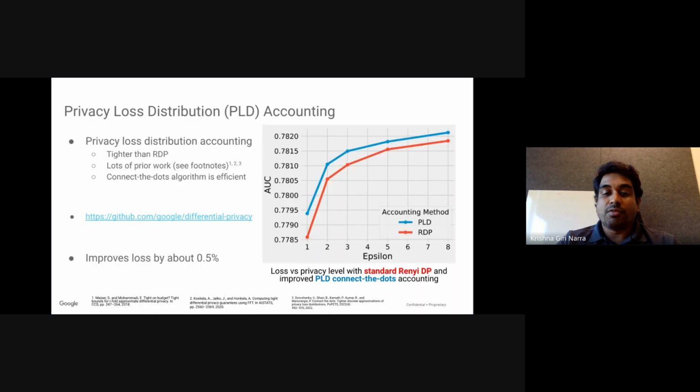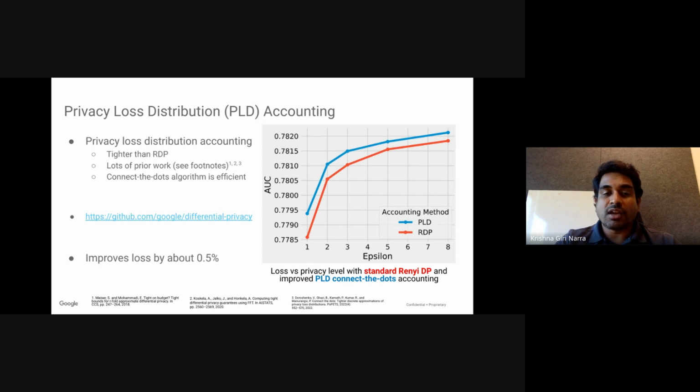Next I'll talk briefly about how we achieve tighter estimates for the privacy budget. Till now, Rényi differential privacy accounting has been the most widely used since the original DP-SGD paper. However, there are more recent advances which provide tighter estimates, and most of them are based on the notion of privacy loss distributions.